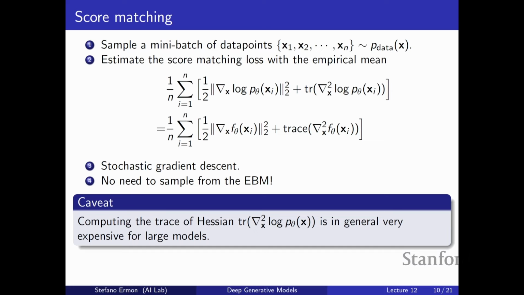To do that, you need to look at the second order derivative, and that's what that term is doing, which is very reasonable. It's saying, if you want to fit a model, try to choose parameters so that the data points are local maxima of the log likelihood. And that can be evaluated just by looking at first order gradients and second order gradients.